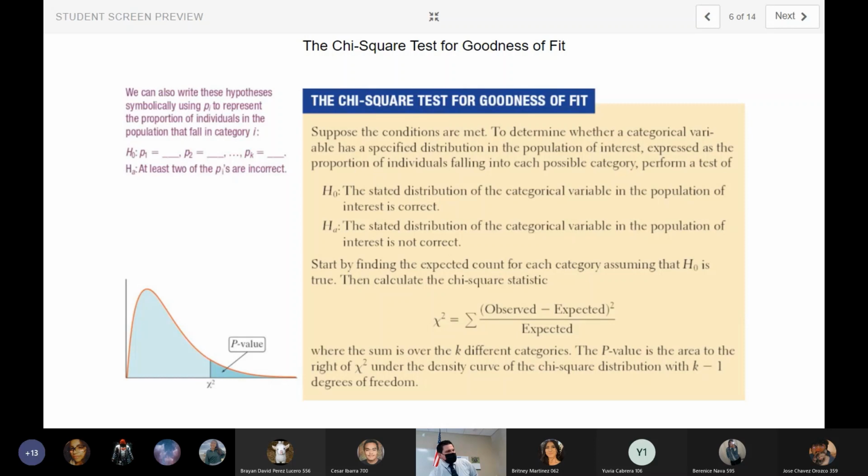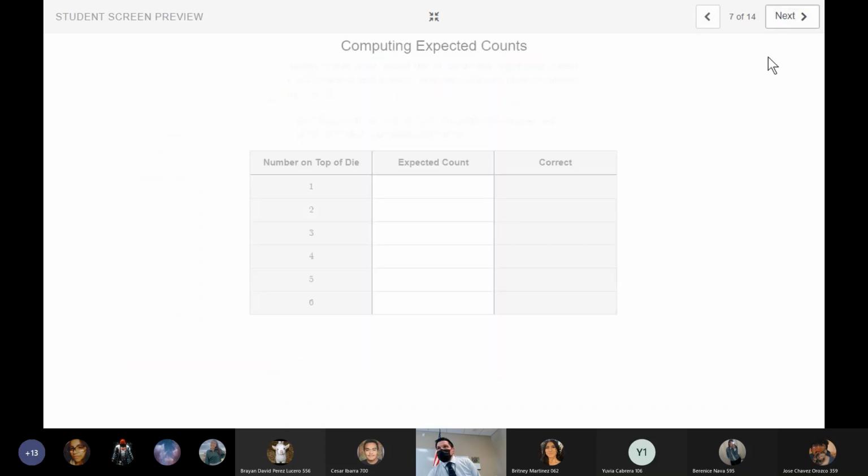Is there anything I can clarify before we move on to the questions that you will be trying to answer? So let's go to the first question.